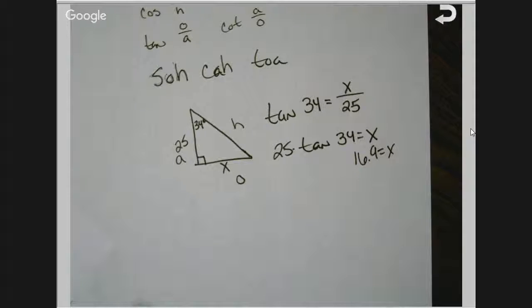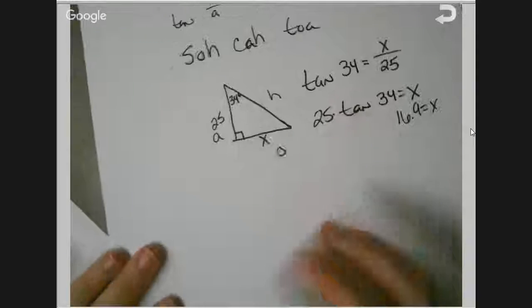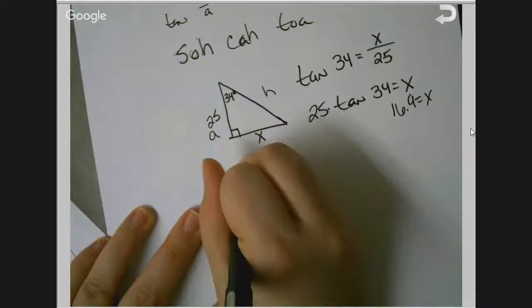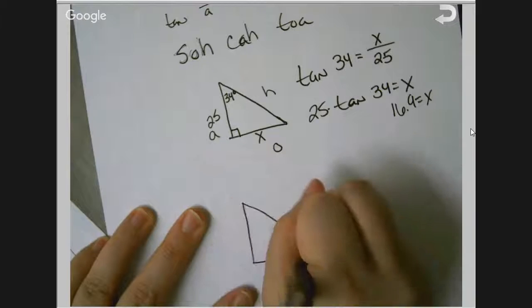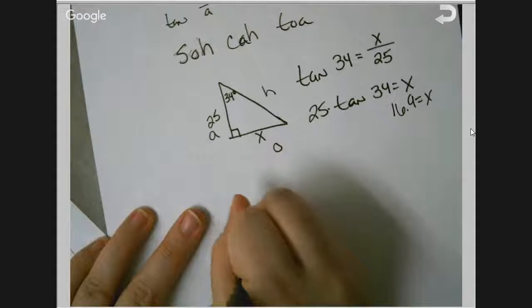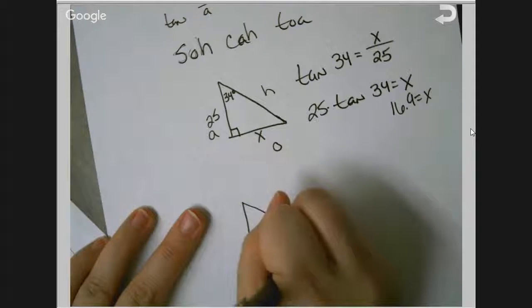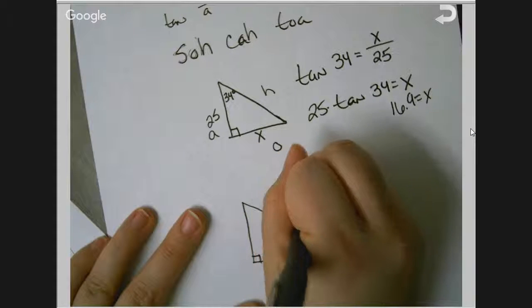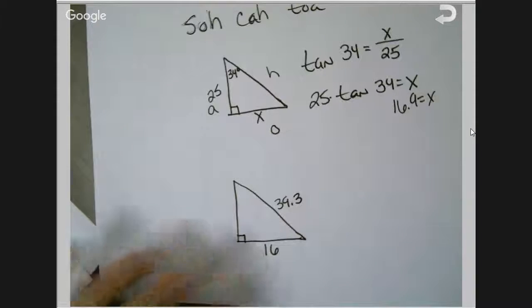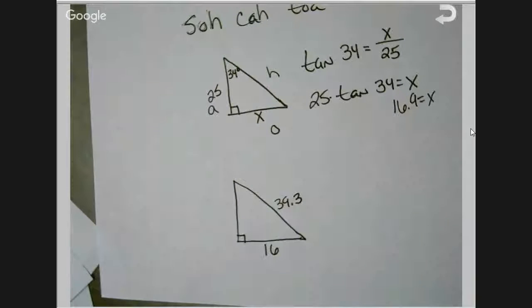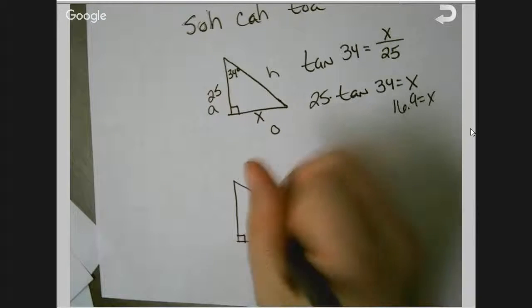You may also go the opposite way. You may have to find the actual degree. So an example of that would be, this is 16, and we're going to say this is 39.3. And I want to find this degree.